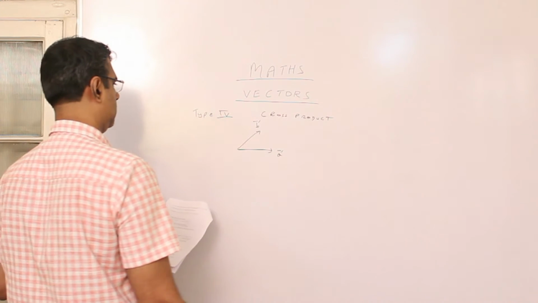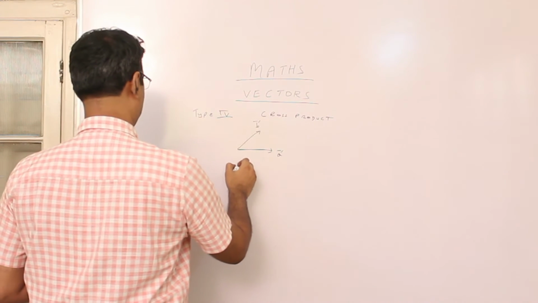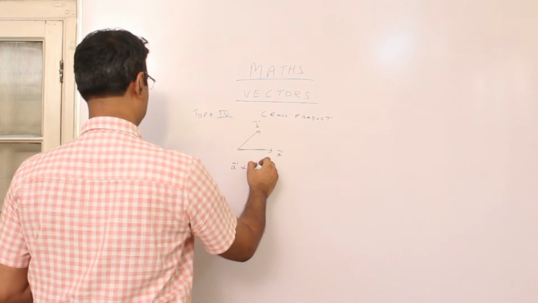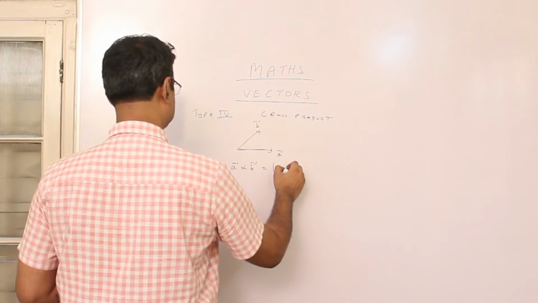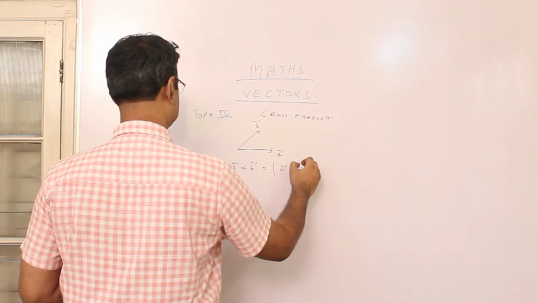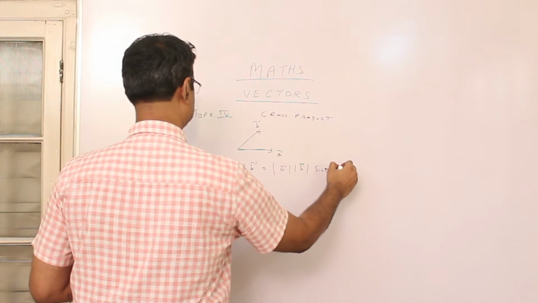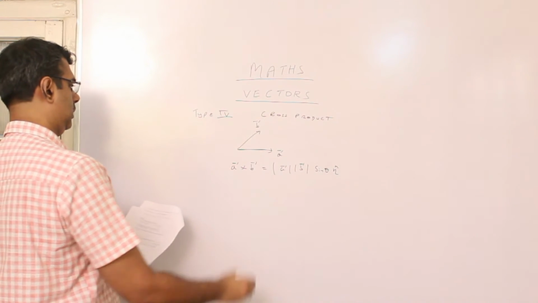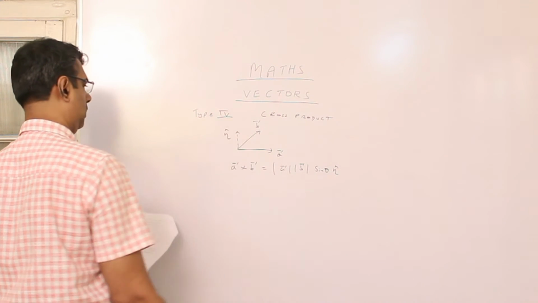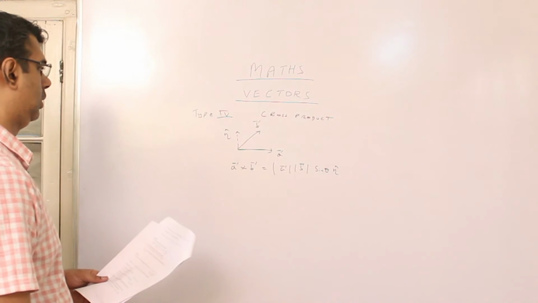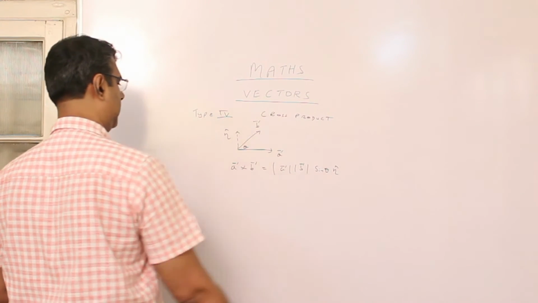Suppose there are two vectors A and B. So if you want to calculate A cross B, then that is equal to modulus of A into modulus of B into sine theta into eta.